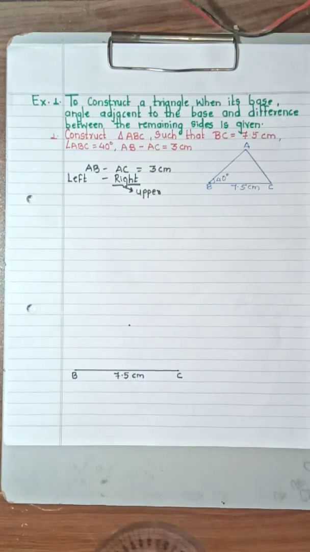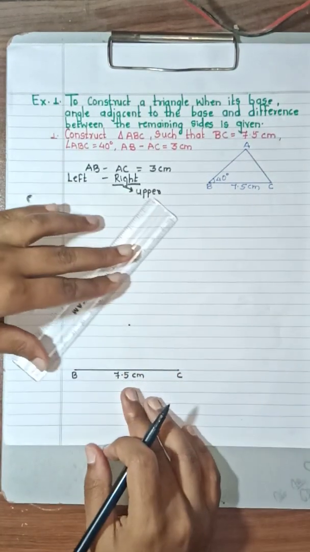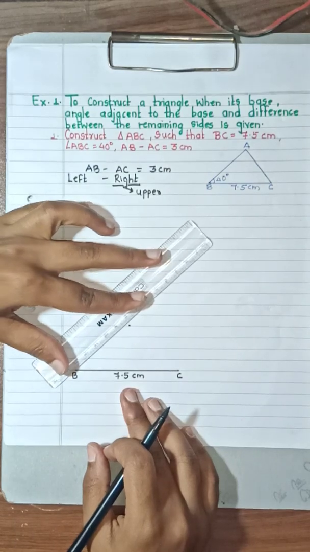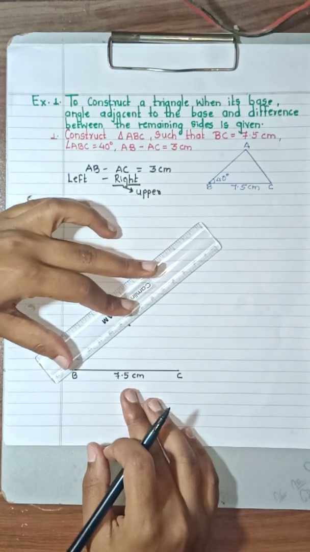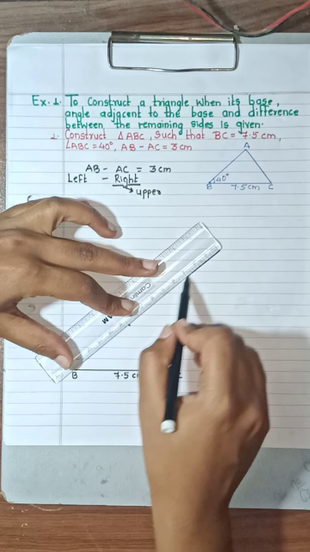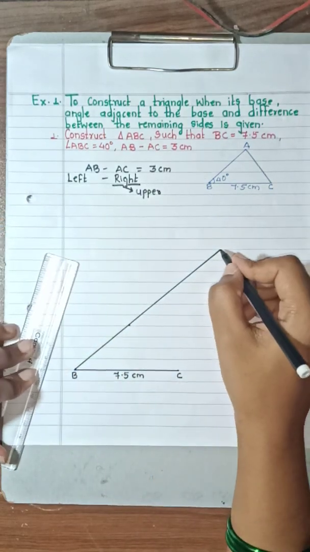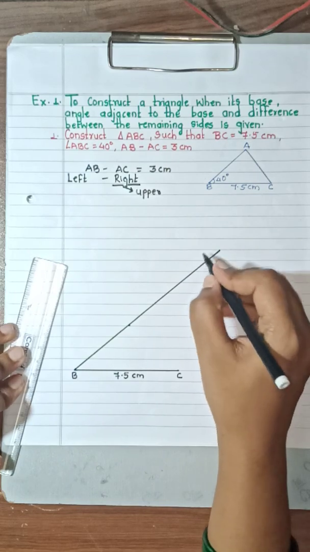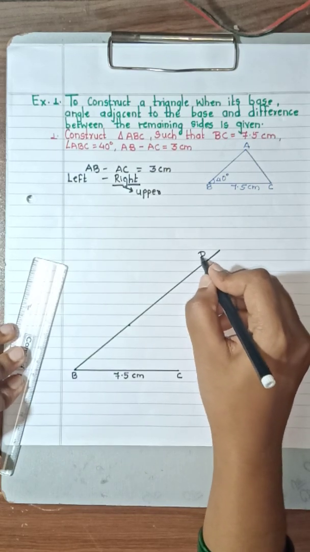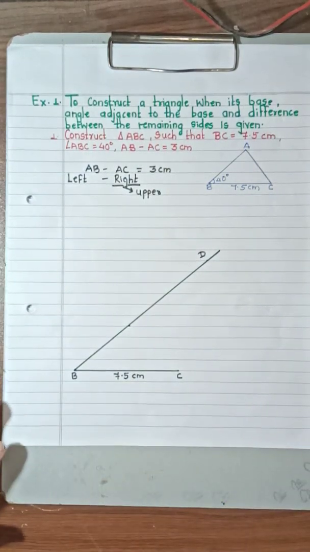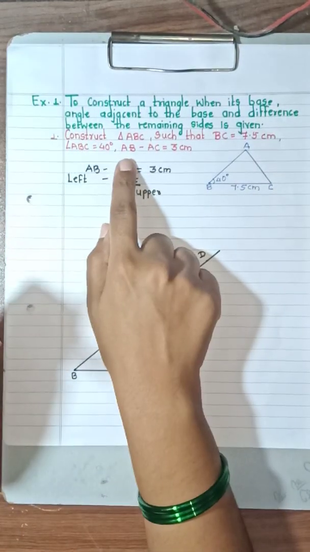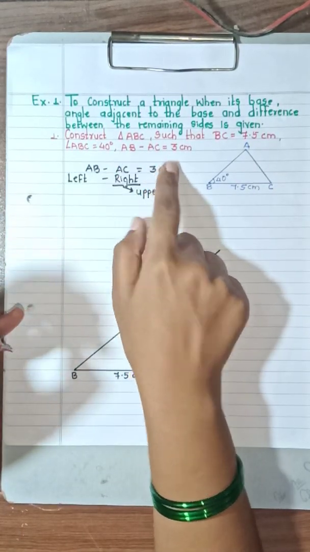I'll mark it here. Now we'll draw a ray, and we'll name this ray as D. Now with the help of compass, you have to take the distance AB minus AC, that is 3 centimeters.